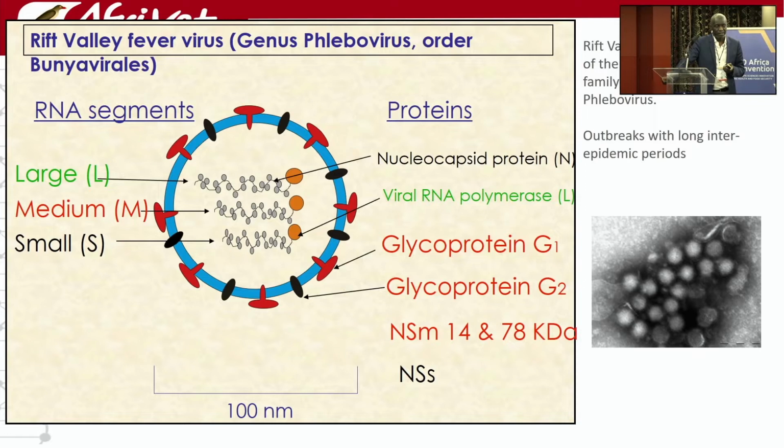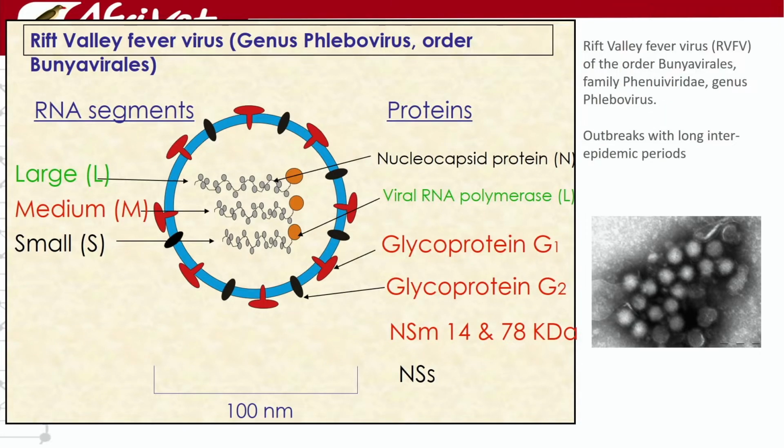It's a viral disease. It's a virus that has three segments. I see there are some students who are doing some virology, maybe for your interest. I could show that those are the three RNA segments of the virus, and what is important is that each segment encodes specific proteins. You can see I've put them in different colors that correspond to the segments.